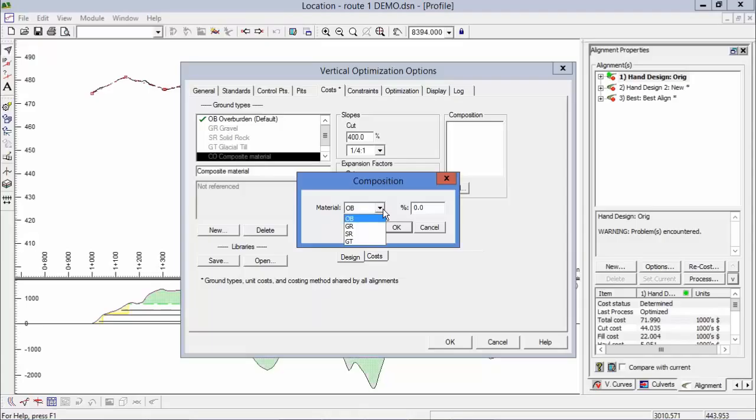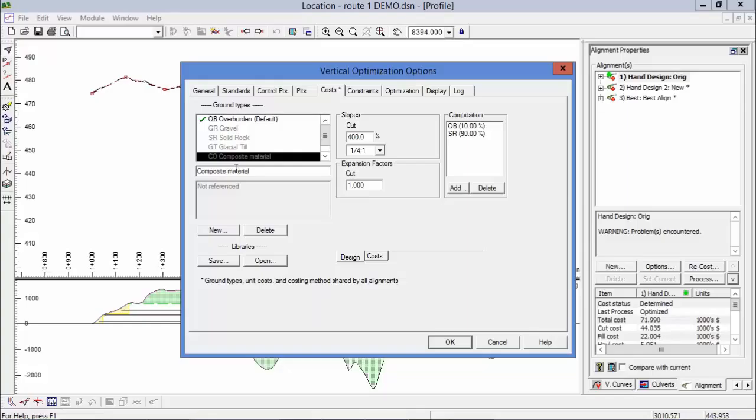In Tyler's question, it was solid rock, let's say for 90%, and then for the rest it would be, for example, overburden. So we have created this composite material, and it can be assigned along the road as you would overburden, gravel, or solid rock. I hope that answered your question, Tyler, and we can discuss it further. You can send me an email if you want.